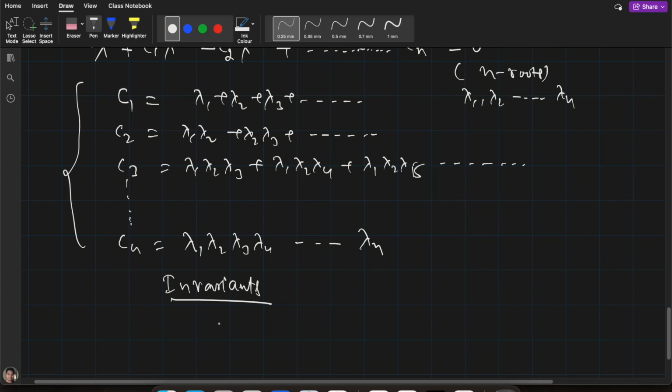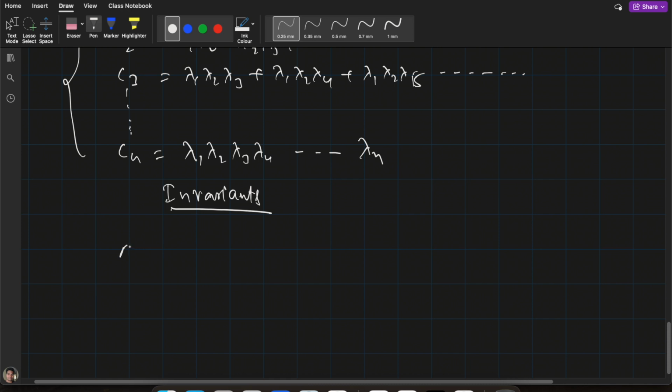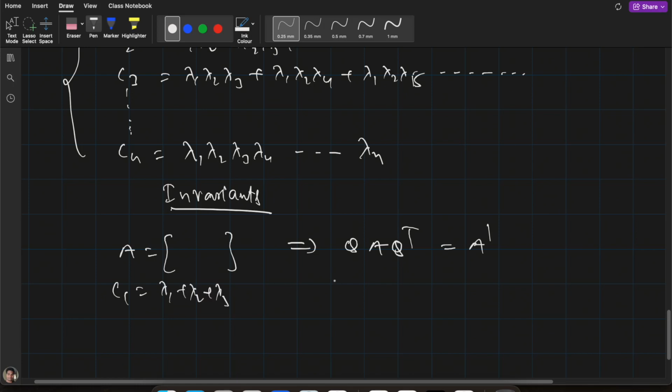Suppose you have a matrix A, and now you are doing some kind of transformation like Q A Q transpose, you will get another matrix. Now find C1. C1 is what? Lambda 1 plus lambda 2 plus lambda 3. Similarly, when you find C1 of this A dash, you will get the same thing.